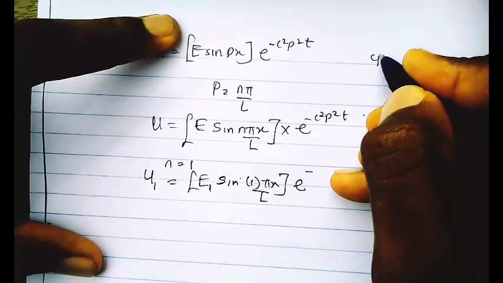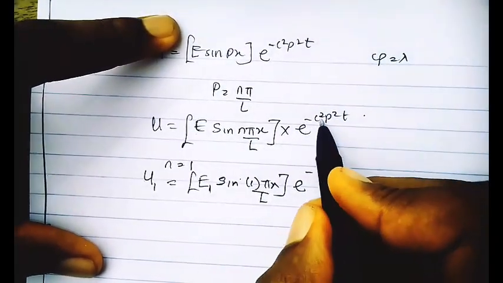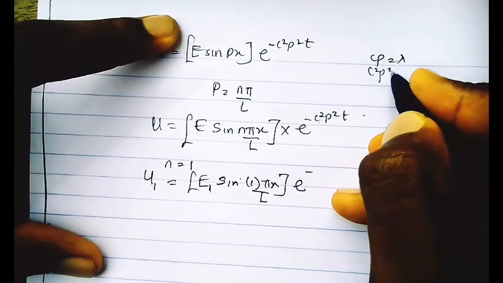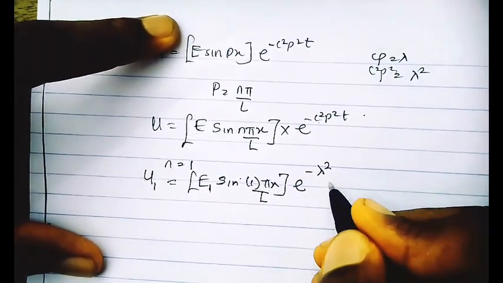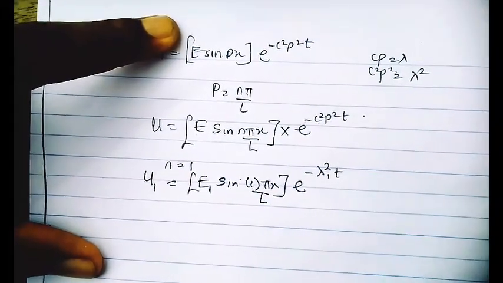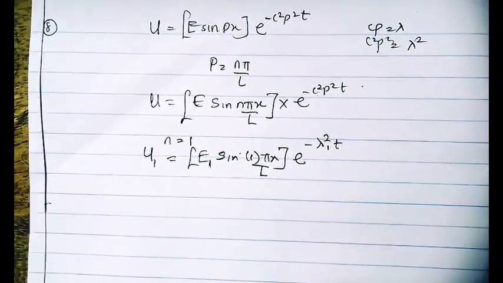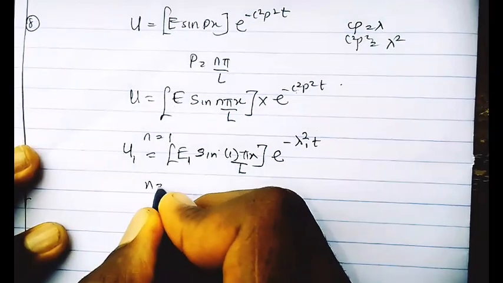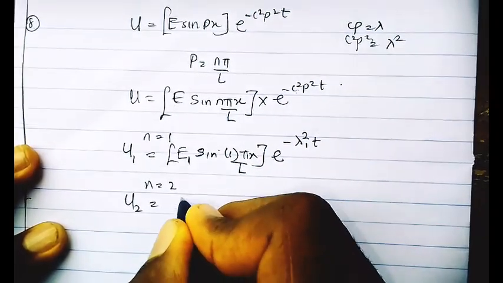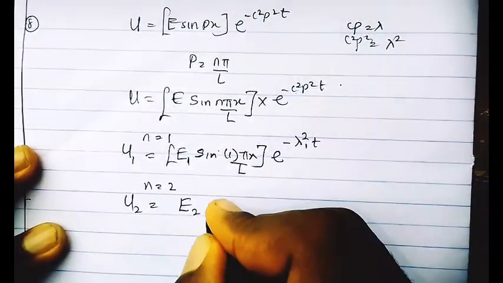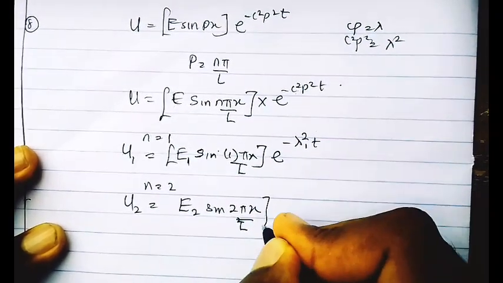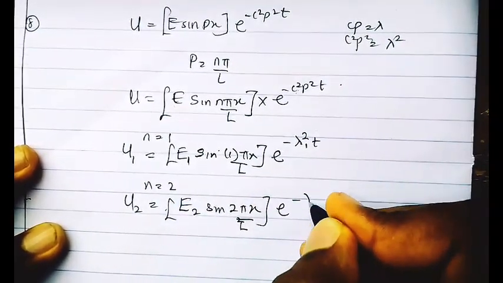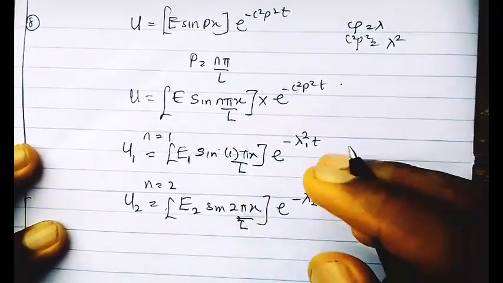Since we assumed cp equal to lambda, c square p square will be lambda square, so this is exponential minus lambda 1 square t. The same goes for n equal to 2: u2 equals e2 sine 2 pi x over l, exponential minus lambda 2 square t. This continues as follows.